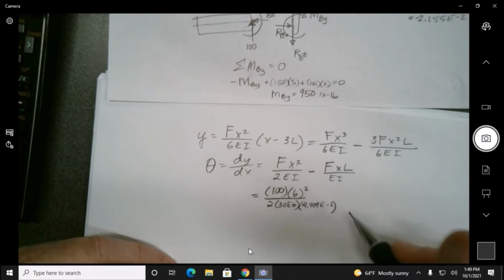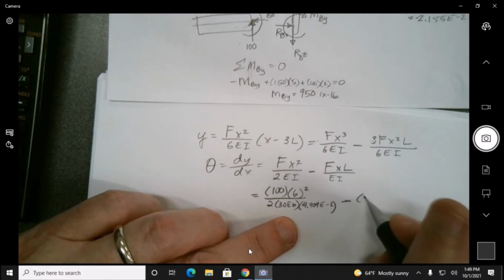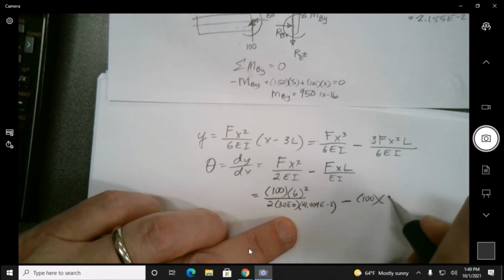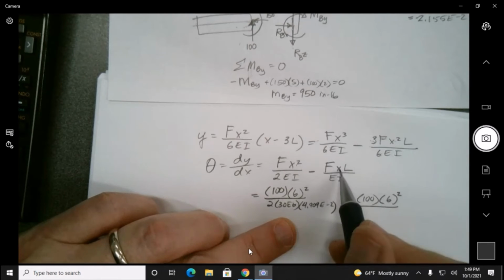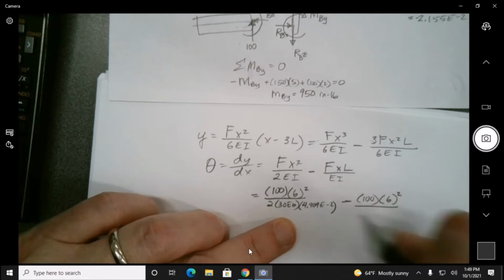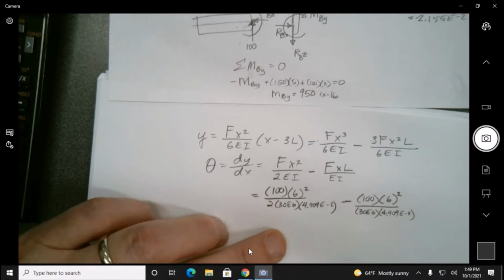Start looking at the time, because it just goes so fast. 48 after. Did I get that? I think so. Minus my 100, and now here's 6 squared. That's x and L, so they're right there. And 30e6 and 4.909 e minus 2.